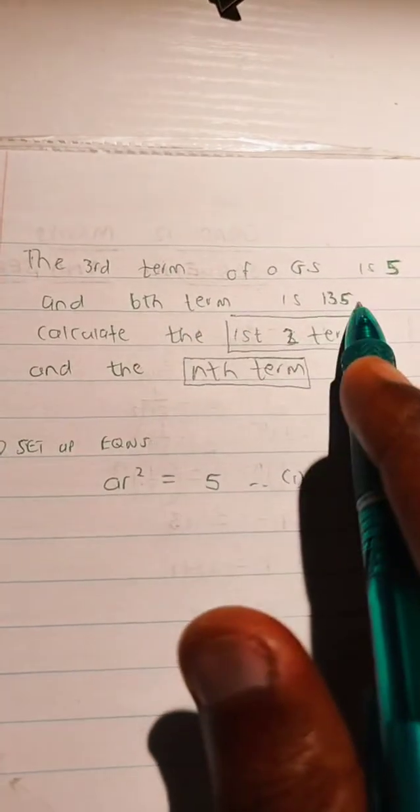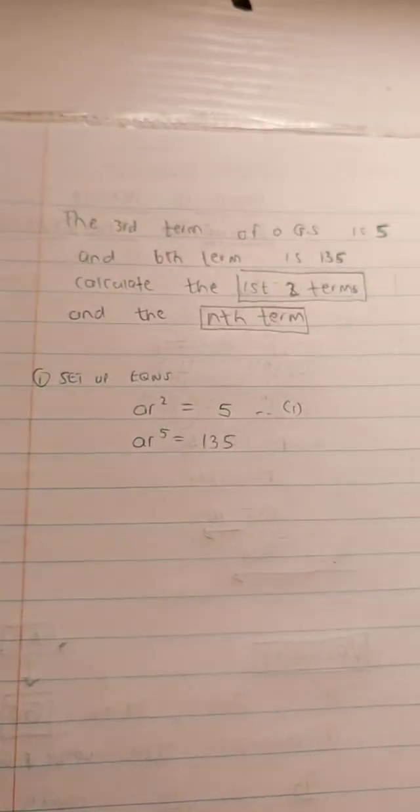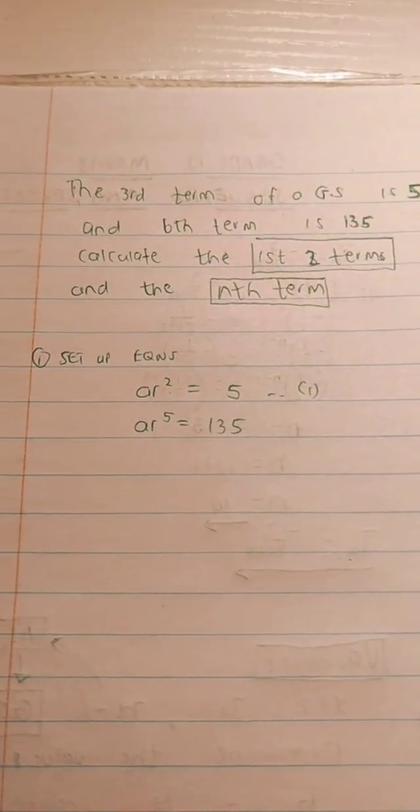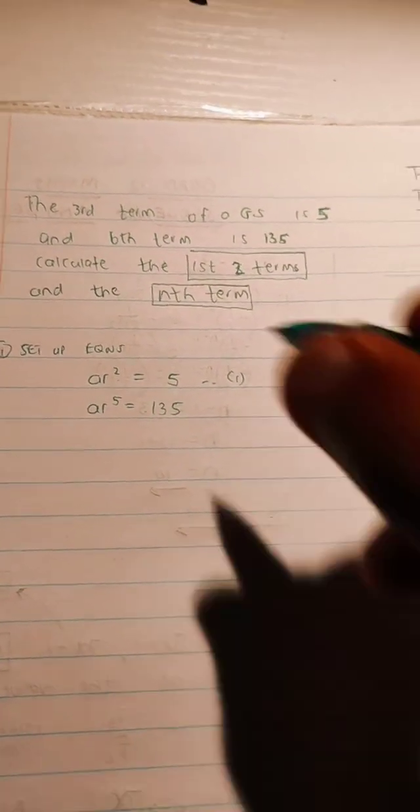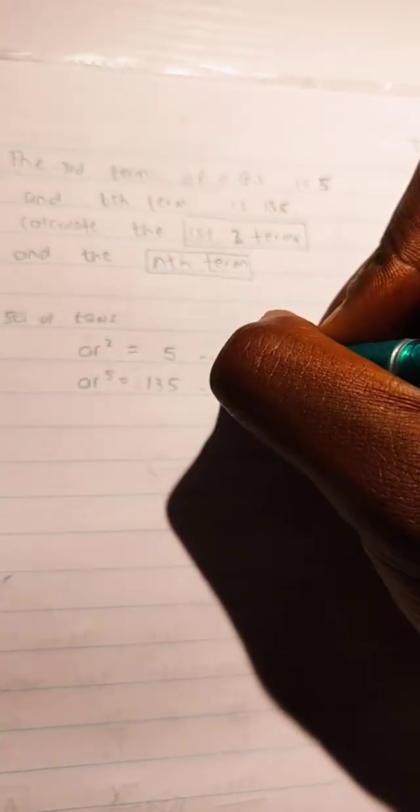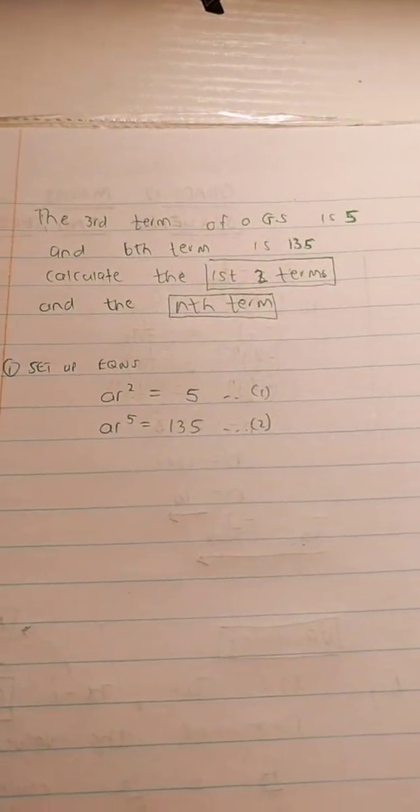Term 6 is 135. AR to the power 5 is equal to 135. That's equation 2. So we set up the equations. That's step 1. Step 2.